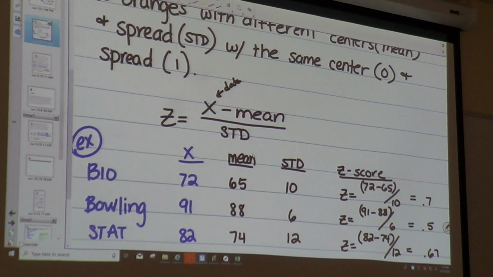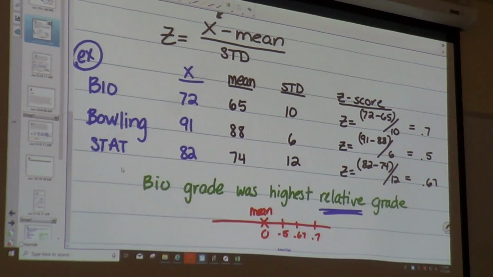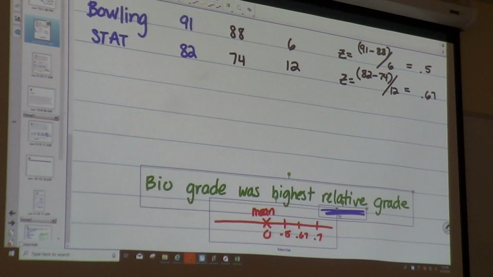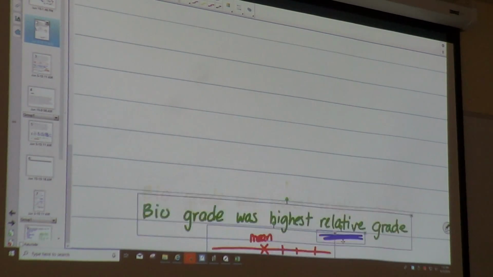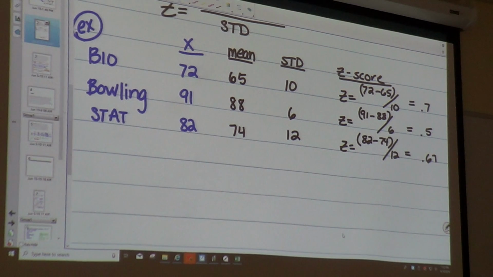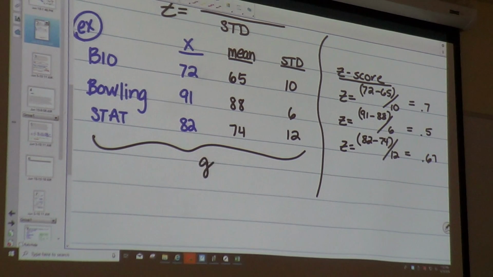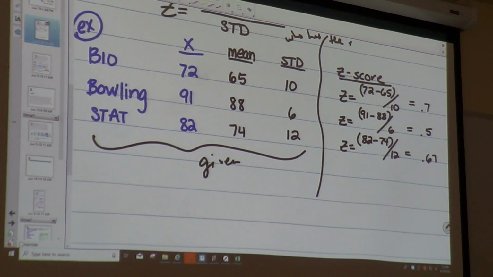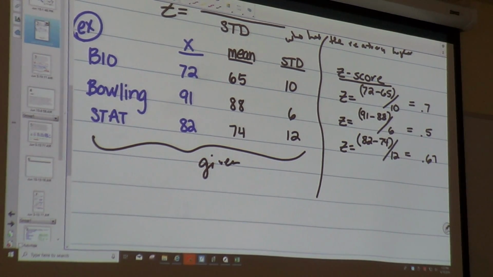All right, so they gave us some information. And I'm going to draw a picture. Let me slide this down just so that I can show you. All right, if I draw you a graph, all of this was given. And the question is, who has the relatively highest class average?